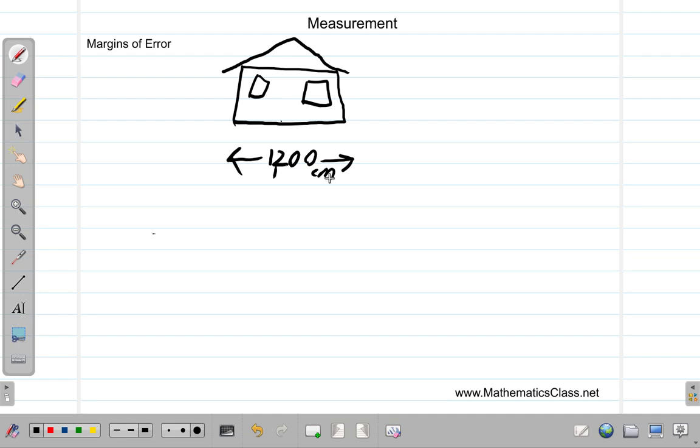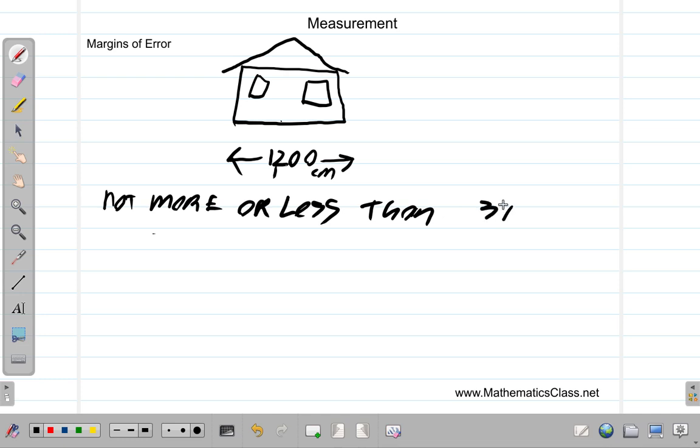The houses are to be 12 meters long. Now, the standards agency says each house must not be more or less than 3% of the nominal, the written dimension. Alright?